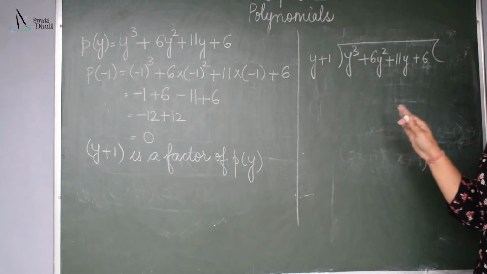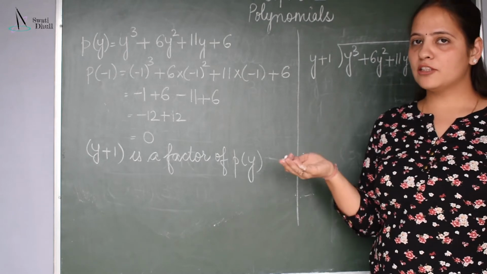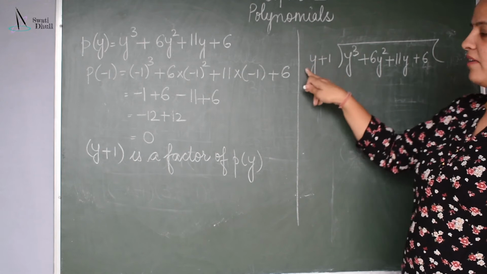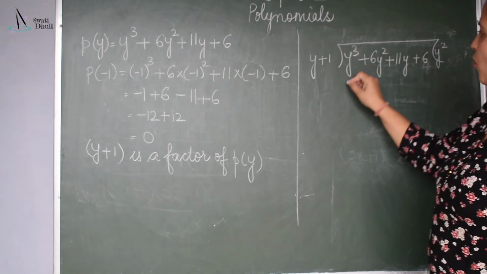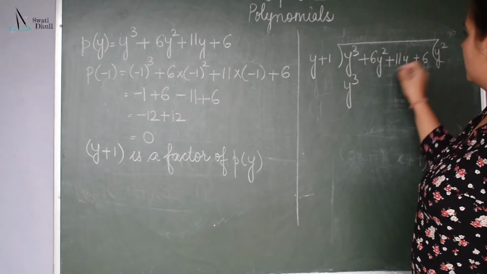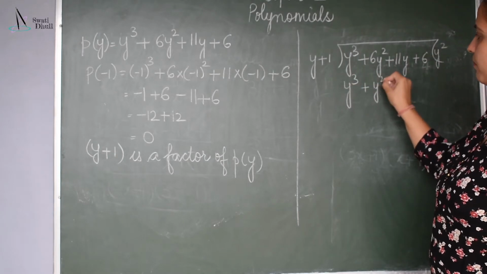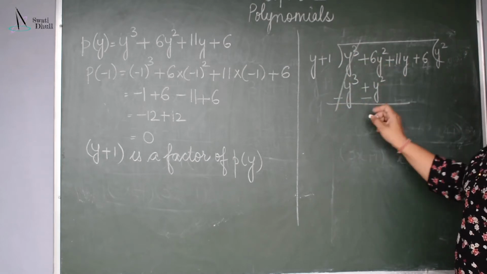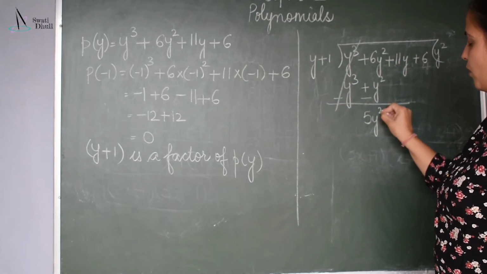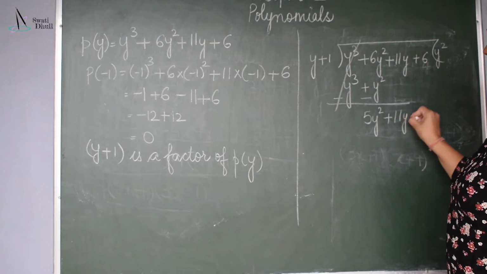We have already done the division of a polynomial by another polynomial. y cube by y is y square. So I will get y cube plus y square. Minus, this will be cancelled. So 6 minus 1 is 5y square plus 11y plus 6.